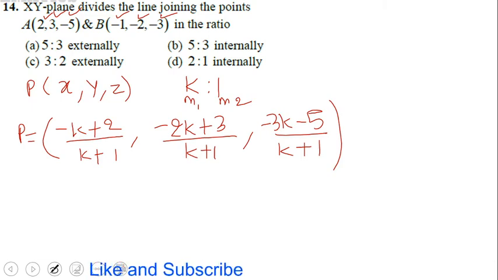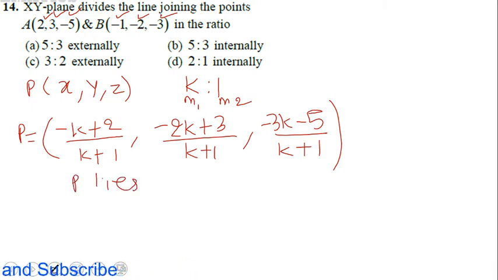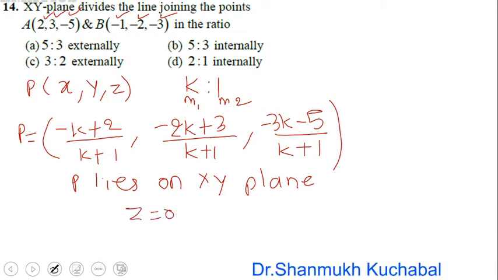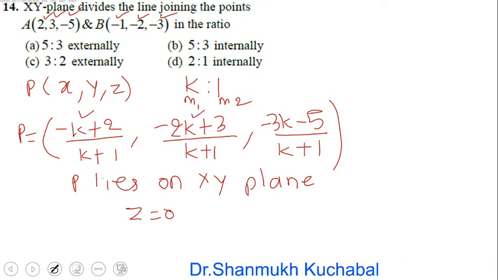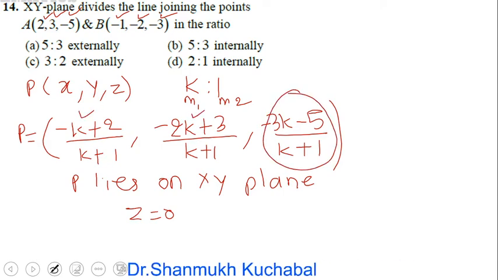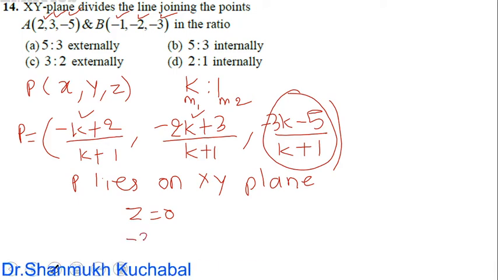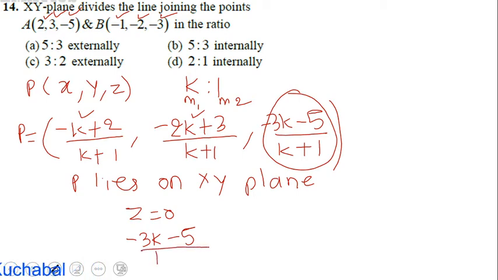Further, it is given that P lies on the xy plane. The xy plane means we have to take the third coordinate, that is z, as 0. This is our x, this is our y, and this will be our z, which we take as 0. So 3k minus 5 divided by k plus 1 equal to 0.